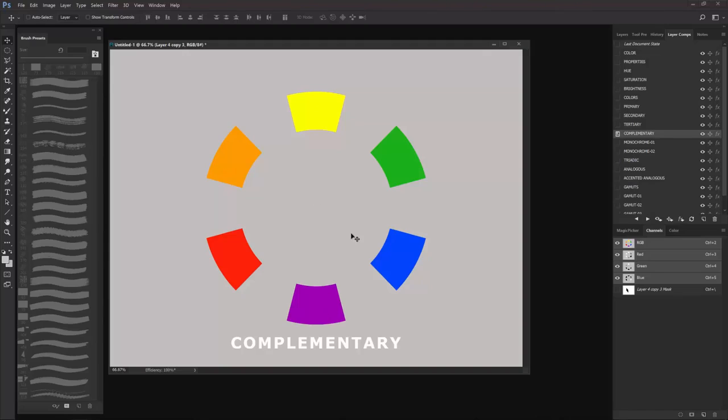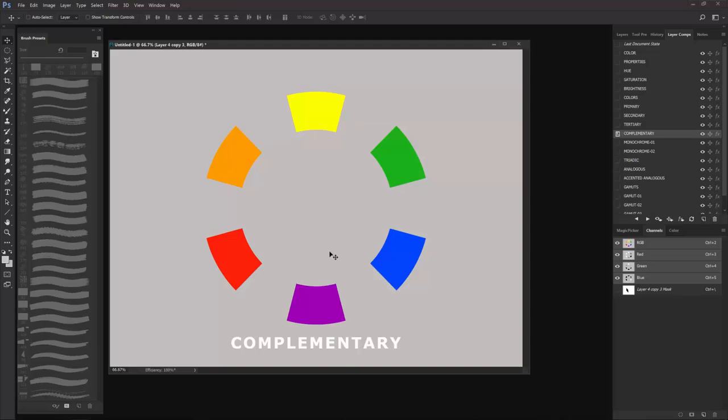This means that whenever they are put together side by side, they enhance each other in terms of vibration and luminosity. But if you mix them, you make them less pure and darker. Okay? So it's very important to understand this relationship between complementary colors, because if you mix them or if you put them side by side, they will have very different effects on each other.